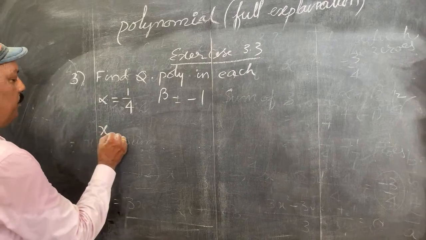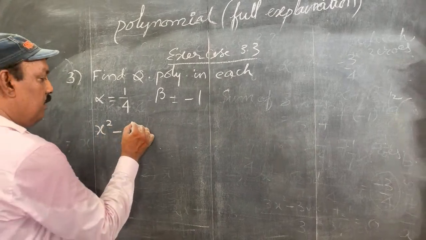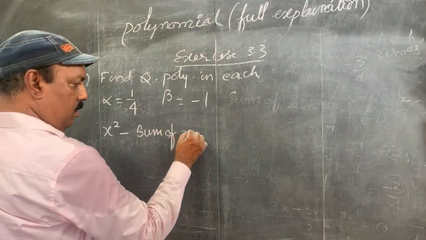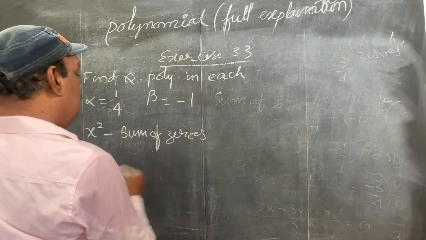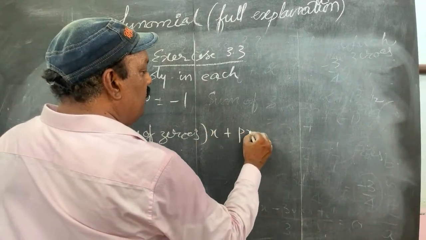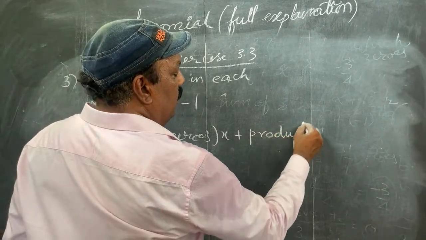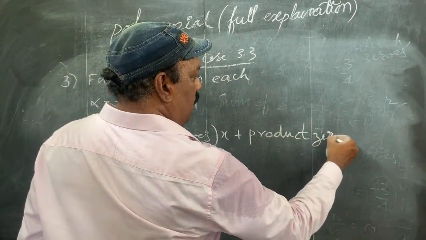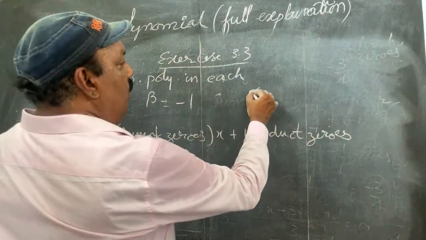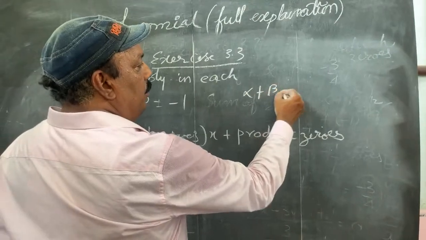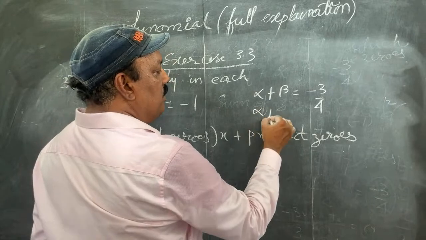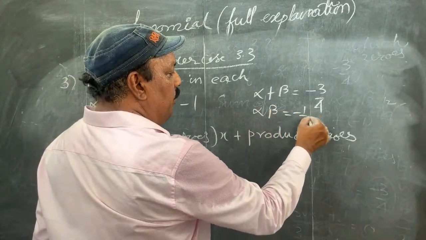Now I will write the formula here: x square minus sum of the zeros into x plus product of the zeros. Already we know the sum of the zeros is minus 3 by 4 and the product of the zeros is minus 1 by 4.